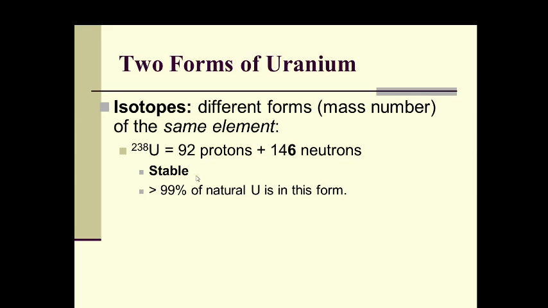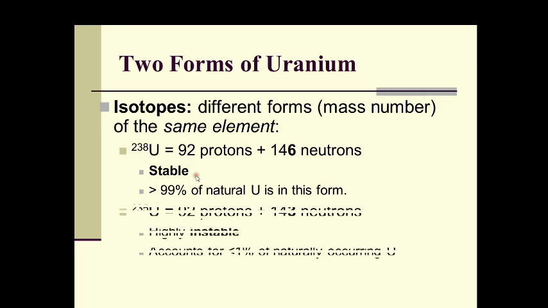It's a stable isotope. More than 99% of the natural uranium on the planet is U-238, as opposed to U-235, which has 92 protons but only 143 neutrons. It is highly unstable and accounts for less than 1% of the naturally occurring uranium.